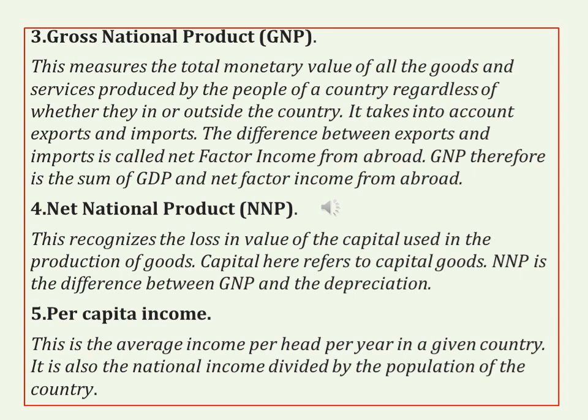Factor number 4, or item number 4, is net national product, NNP. Now this one is on top of the gross national product, and it recognizes the loss in value of capital in the process of production.